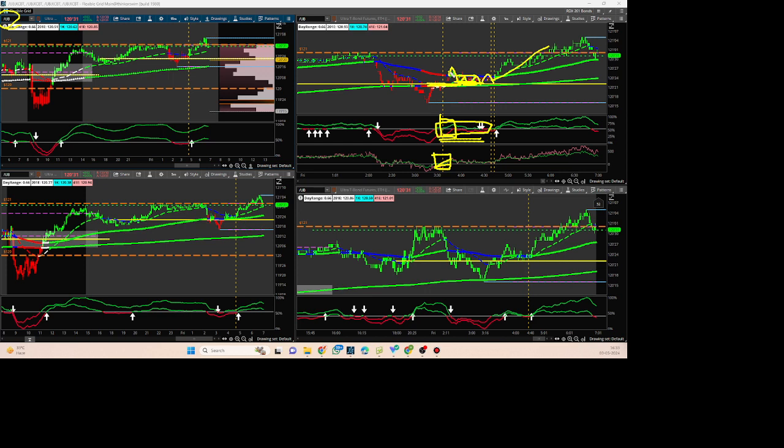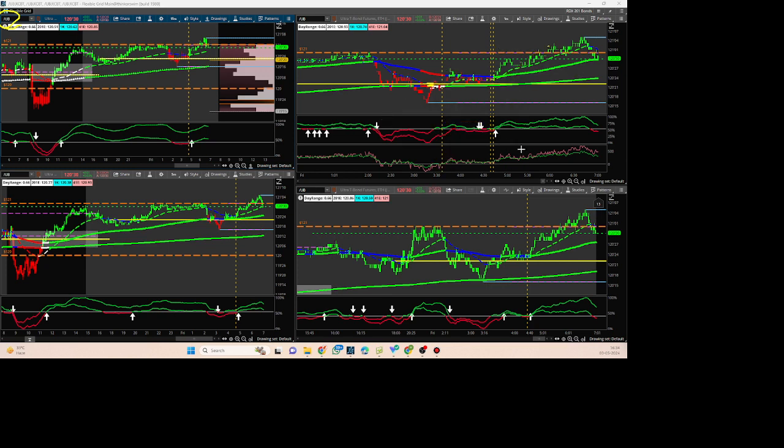I entered one contract here, and then one contract here. So instead of entering optimally on the 200 and below, I ended up entering in two not optimal positions. Let me rephrase it. They were not bad, but they were not the best. So an entry here and an entry here instead of an entry here and an entry here.